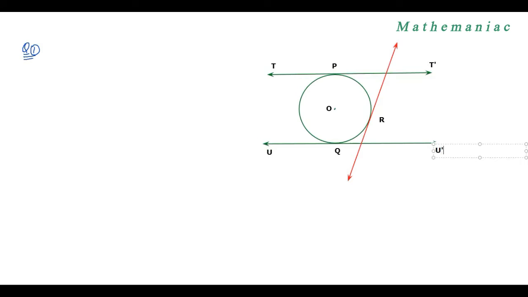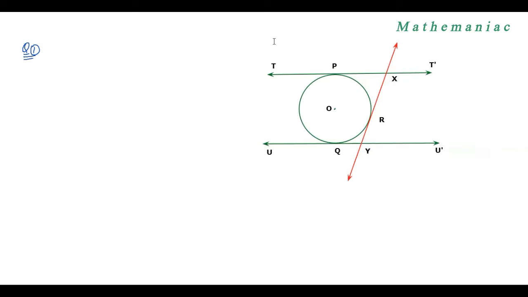So these are the two tangents which are parallel. They are touching the circle at P and Q. A third tangent is there, which is touching the circle at R, and it is intersecting the earlier two tangents at 2 points. Say one is X and the other point is Y.